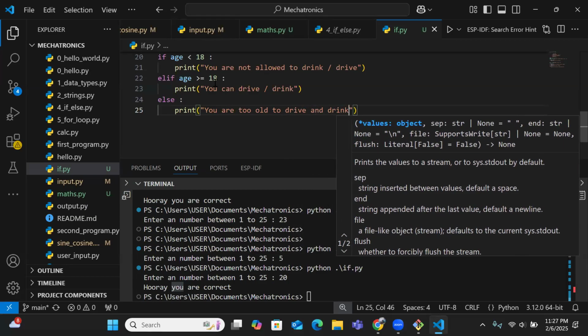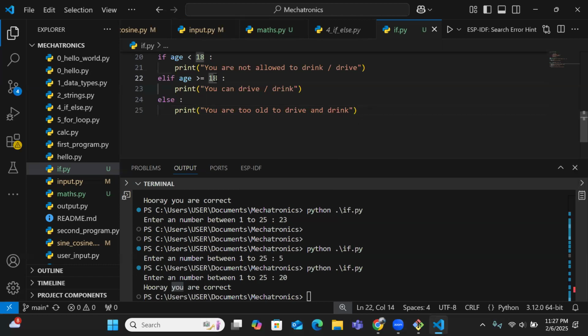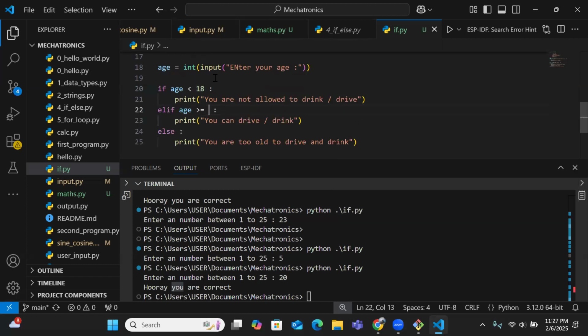Let me say here, they want to make it difficult for people who are 70 or 50, like that.